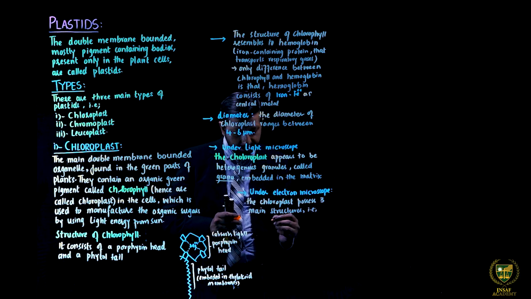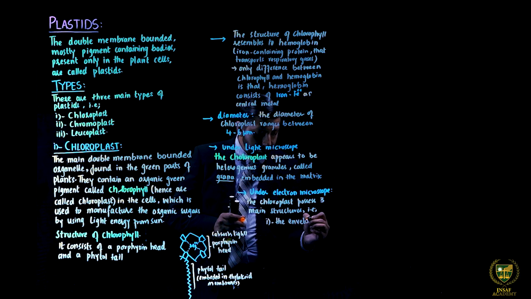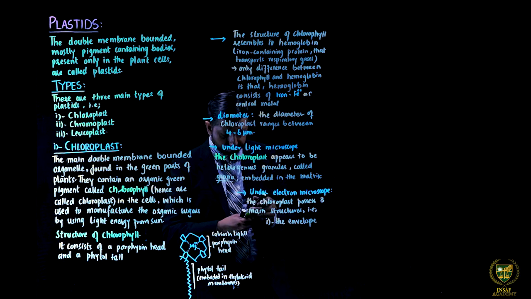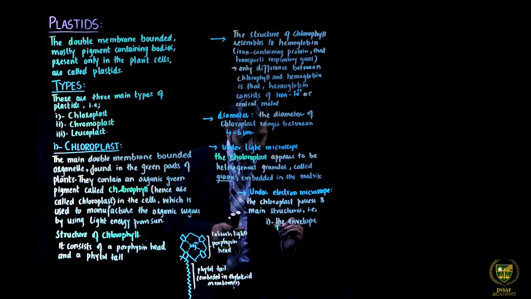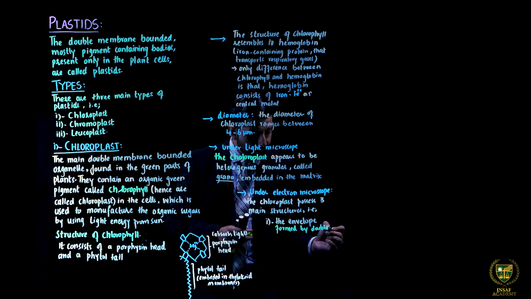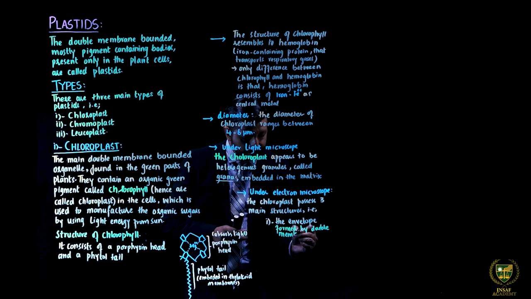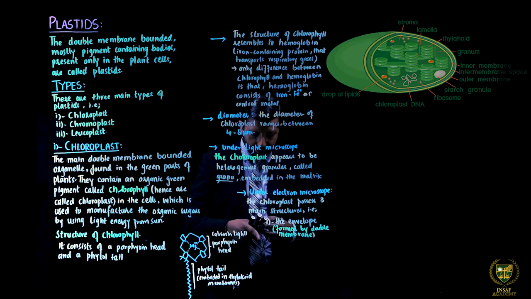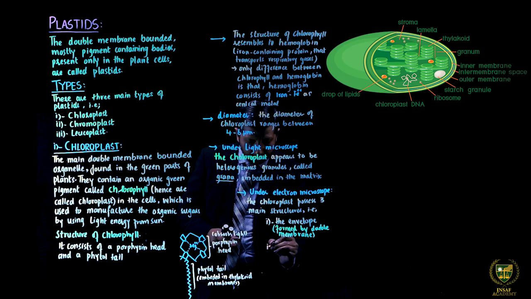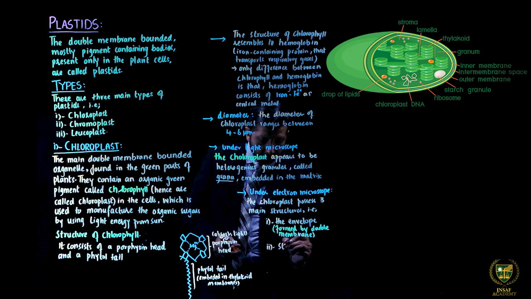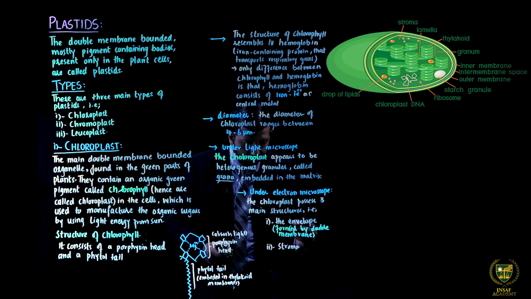That is, number 1, the envelope, which is formed by double membrane, clear? It is formed by the double membrane. Number 2 is the stroma. That is basically the fluid present around the thylakoids.